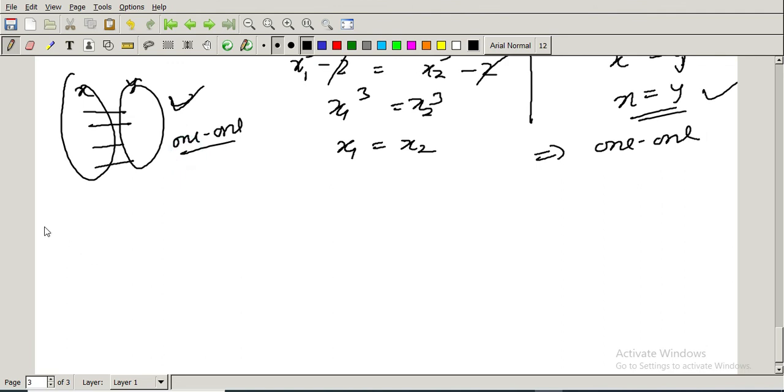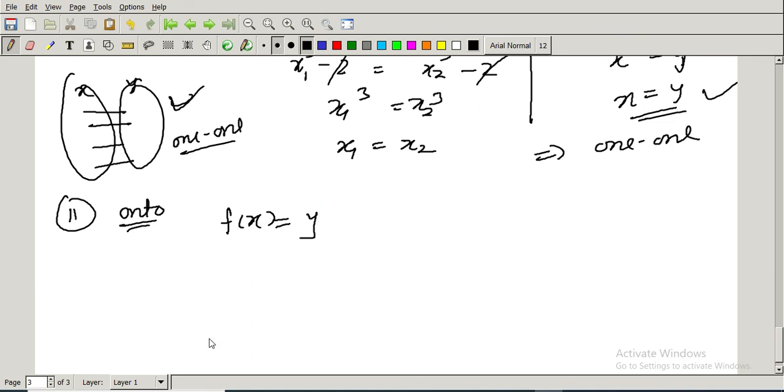Now for onto, what do we have to prove? We have to prove that we can express x in terms of y. So write f(x) is equal to y.